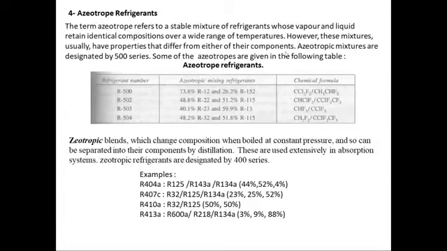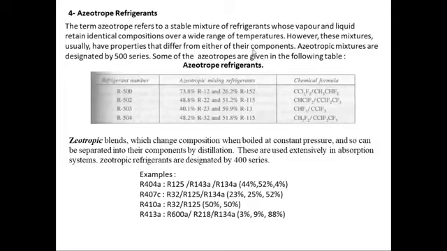The term azeotrope refers to a stable mixture of refrigerants whose vapor and liquid retain identical composition over a wide range of temperatures. However, these mixtures usually have properties that differ from either of their components. So they have a different boiling point and different freezing point as compared to their original components.